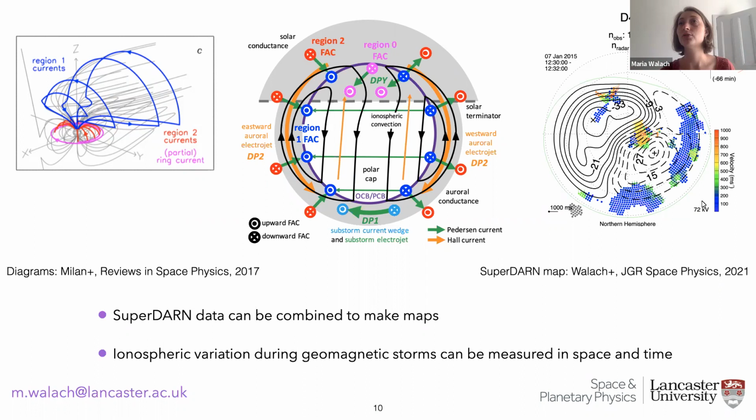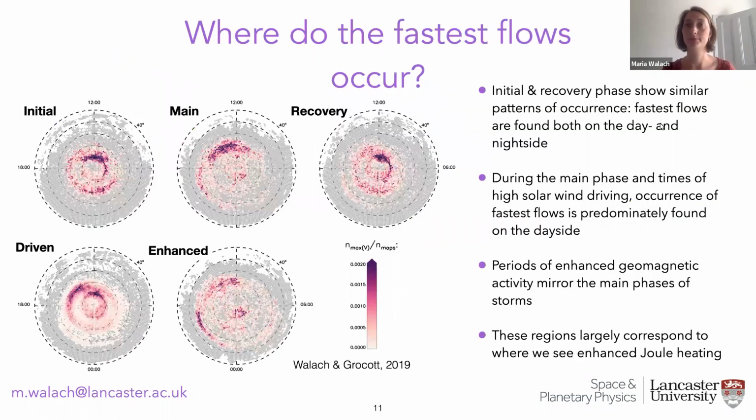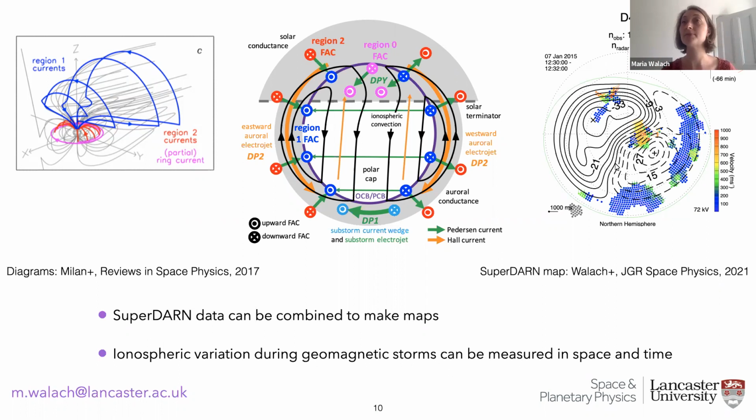And here on the right, I'm showing an instantaneous example of the SuperDARN convection maps. And you will see that it's skewed from this ideal schematic in the middle here, and that's often what we see. This is during times when the IMF-BY component was very highly positive, and as a result, our convection pattern has shifted here.